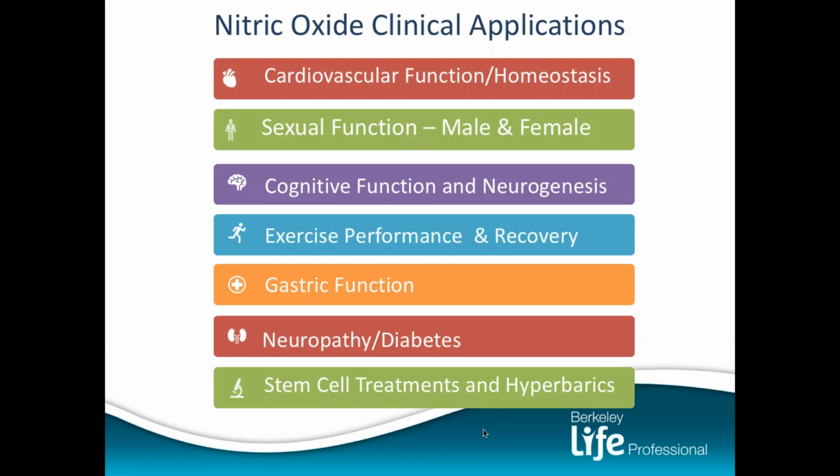So you want to optimize your nitric oxide in both of these cases. And in fact, fasting, one of the benefits of fasting is to increase stem cell production. So make sure your nitric oxide is optimized to get the most benefits you can out of that.